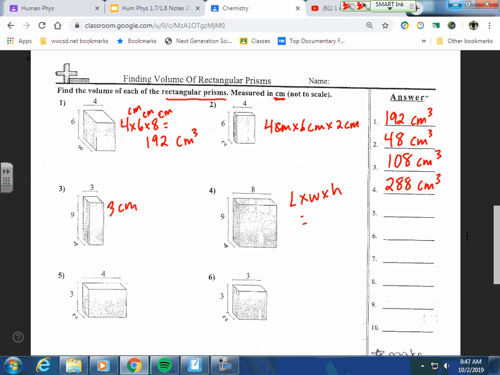That equals the volume of these regularly shaped solids, rectangular prisms. What's the length? What's the width? What's the height? Doesn't even matter. Just make sure you're multiplying 3 different sides. Okay, number 5, 4 times 3 is 12, times 2 would be 24. Number 6, 3 times 3 is 9, times 2 is 18.